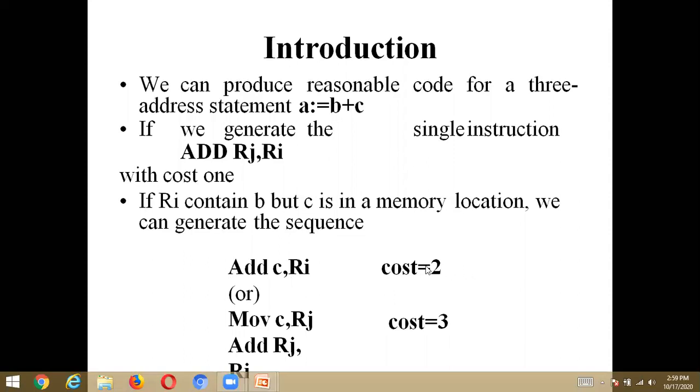The cost is 2 for the memory location, or it can also be written as MOV c, Rj and ADD Rj, Ri, where the cost becomes 3, because 1 plus 2 is equal to 3. In such a way we can compute the cost of all the instructions.